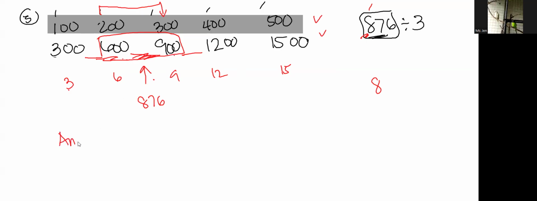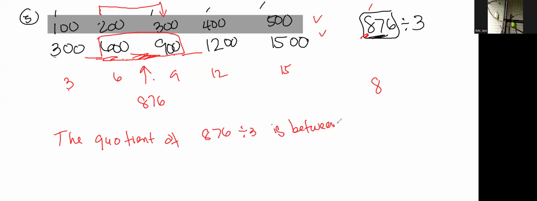Therefore, the answer, or not the answer, but the quotient of 876 divided by 3 is between two numbers, and those two numbers are 200 and 300. That would be number 5.